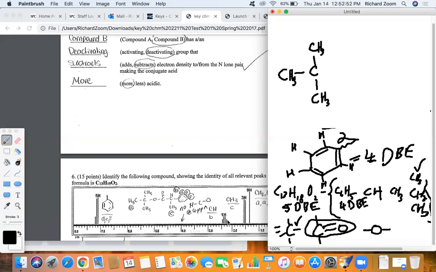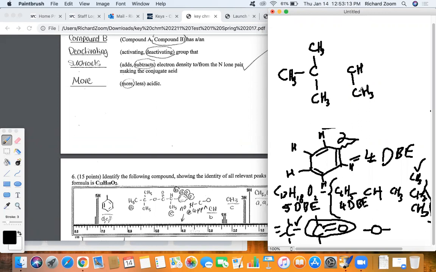We also have another partial structure here. We've got a CH. It's got 4 peaks, so it must be next to a CH3. I'll stop there for a second. Is anybody confused about how I know that the CH is connected to a CH3?